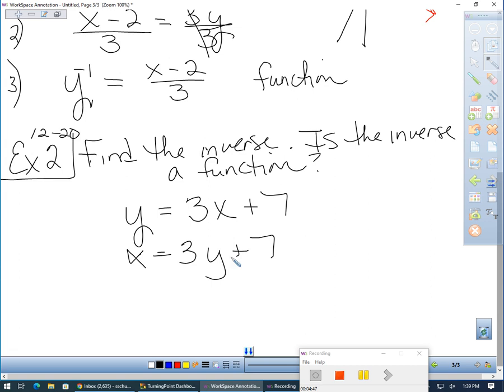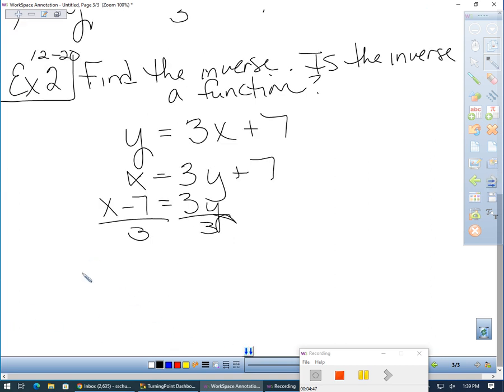Now we solve for y, or we get y by itself. So we're going to subtract 7. So x minus 7 equals 3y. Divide both sides by 3. And our inverse function, excuse me, y inverse equals (x minus 7) divided by 3.